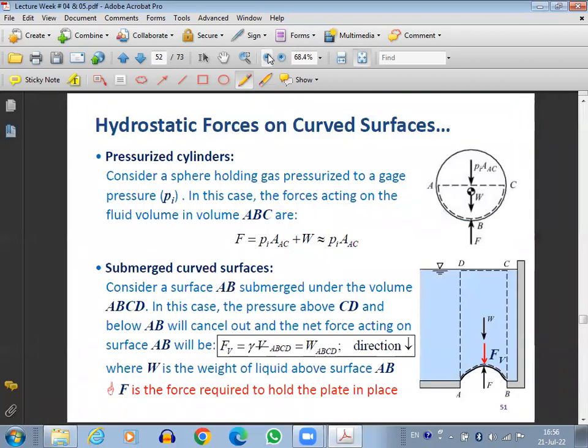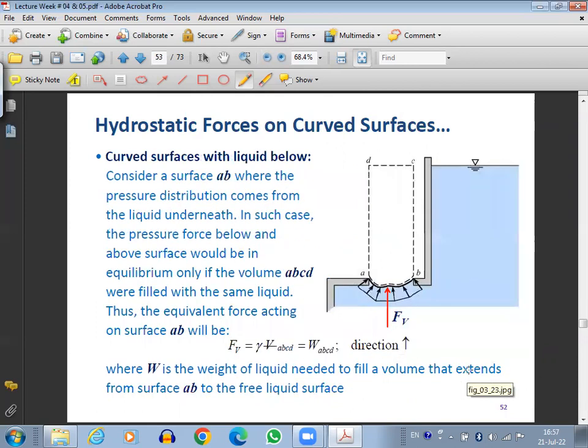We can have different kinds of problems for the case of hydrostatic forces on curved surfaces. Suppose we have a situation where the curved surface is submerged into the water. In that case, what we are going to do is find out the weight of this whole water on this surface.